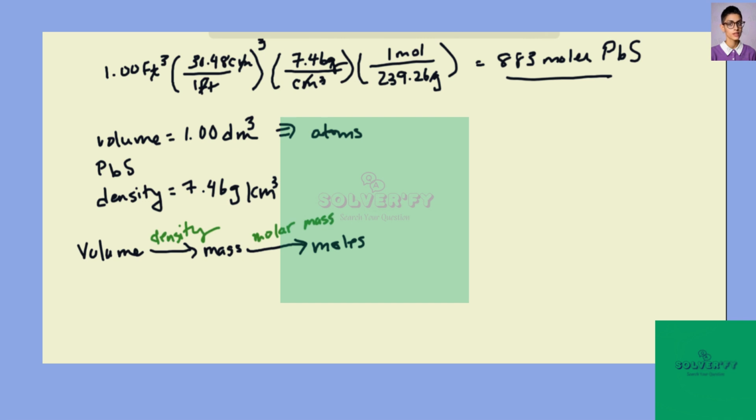Once we have moles, we can go to molecules. And we do this using Avogadro's number because every mole contains the same number of molecules. And finally, to get to the number of atoms, we look at the ratio from the chemical formula.